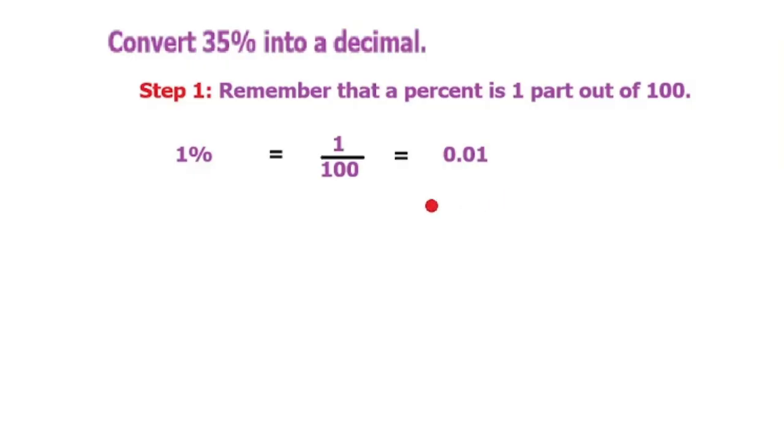Basically, when you take the number 1, there's a decimal spot at the end of it here. And because there are 2 zeros in 100, you move the decimal over 2 times. 1, 2.